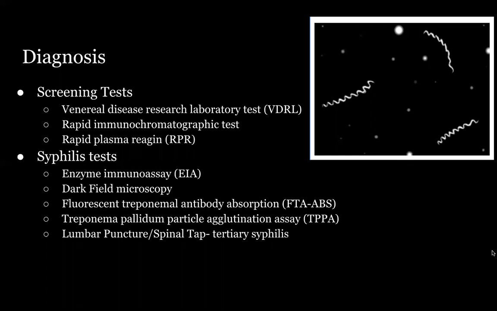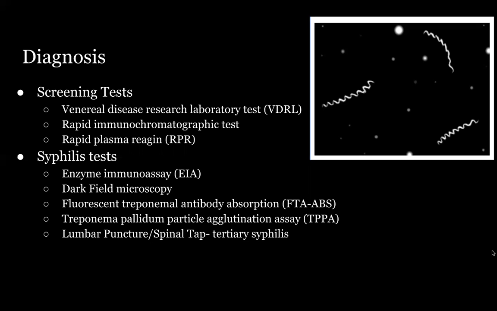The rapid immunochromatographic test is a blood test that tests for antibodies, but this test can be done at a regular doctor's office instead of a hospital. The rapid plasma reagent test is just another test for antibodies. The enzyme immunoassay, or the EIA test, is a blood test that checks for syphilis antibodies. A positive EIA test should be confirmed with either the VDRL test or the RPR test.